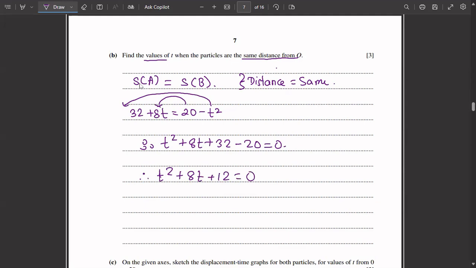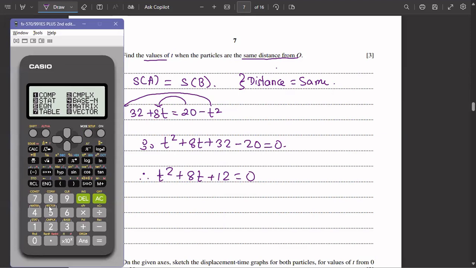Now I can put this in the calculator. Mode setup. You select the equation, which is polynomial equation. Then ax square plus bx plus c, which is the third option. So 1, 8, and 12. So my answer is -2 and -6.